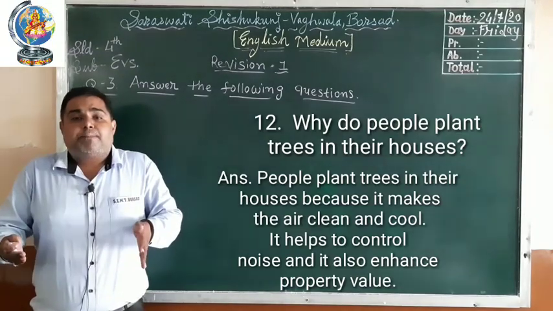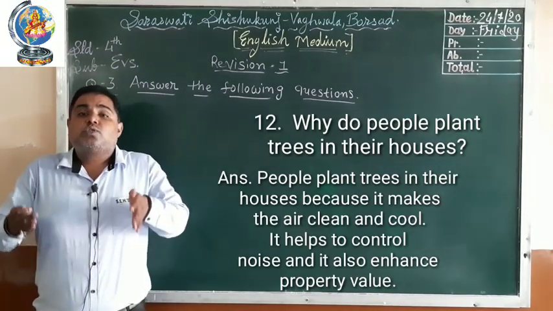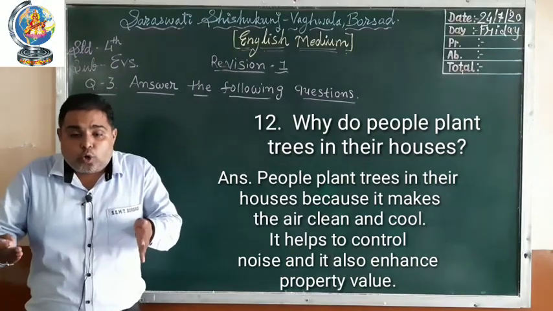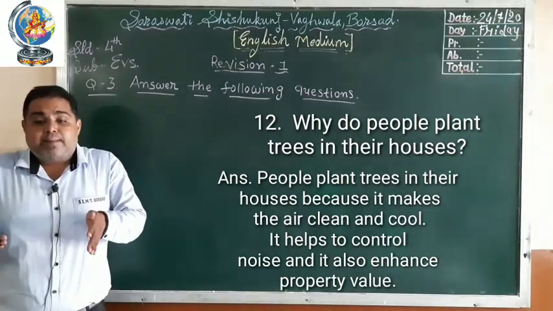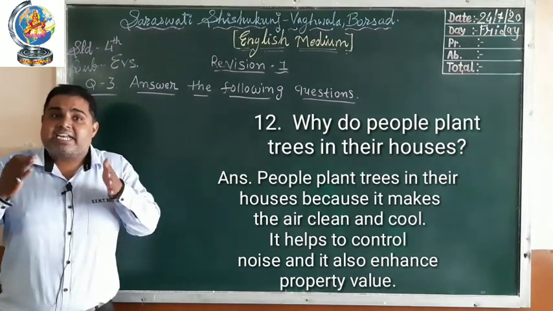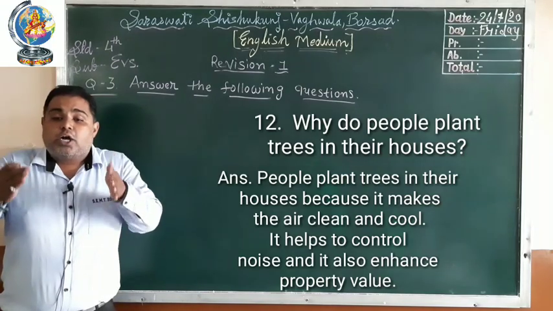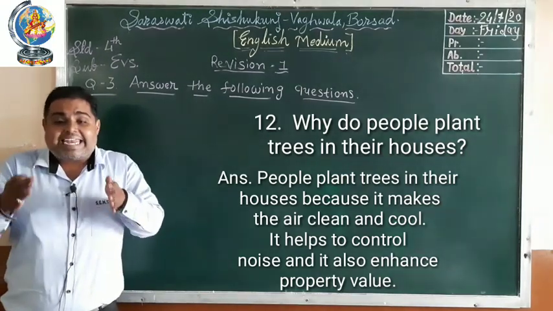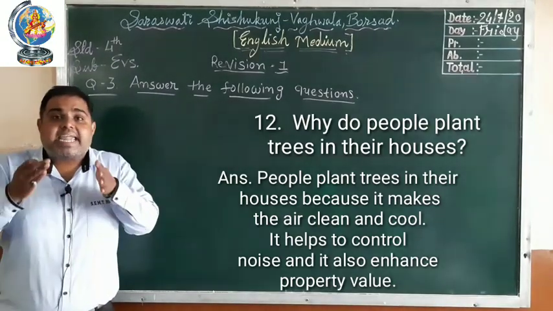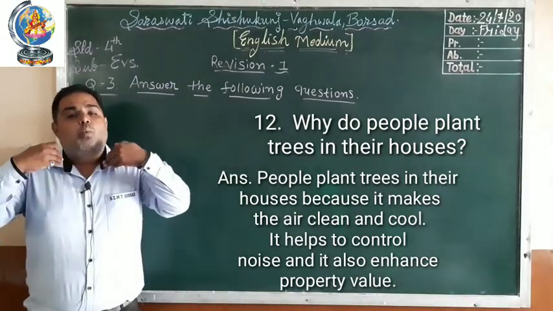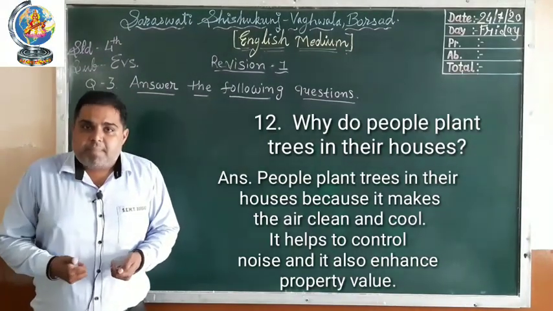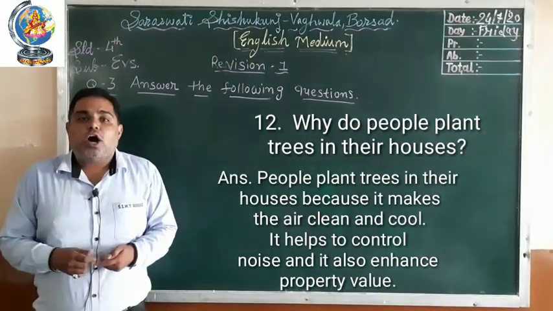What happens with the plantation of trees in your house? It makes the air clean and cool. It also helps to control noise. So with plants and trees you can control the noise, and it also enhances the property value. Means if you want to sell your house, you will get enough money when you sell your house.